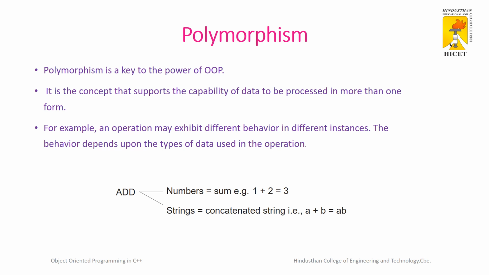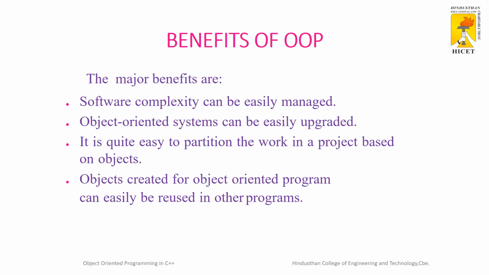So in this operation, the plus operator is concatenating strings, and in the other operation, the plus operator is adding numbers. So there is a different behavior in different instances. So this is called polymorphism.